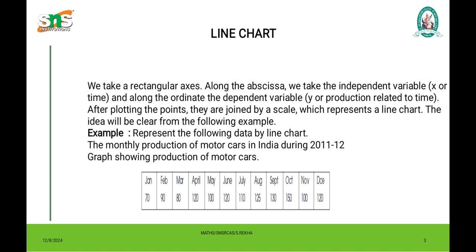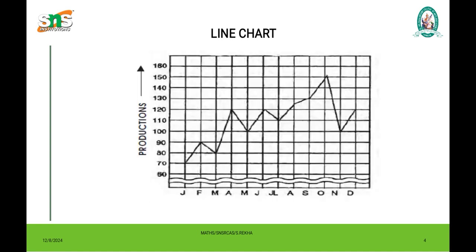It is 70, so you mark it as 70. February it is 90, in March it is 80, next April is 120, May is 100, June 120, and so on, up to December, which ends with 120.